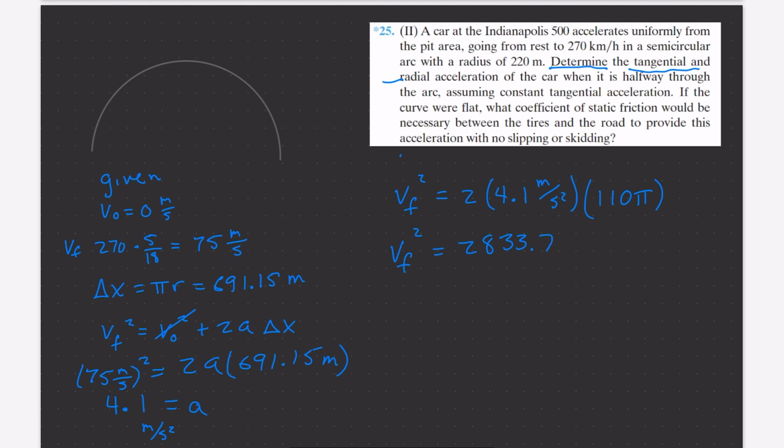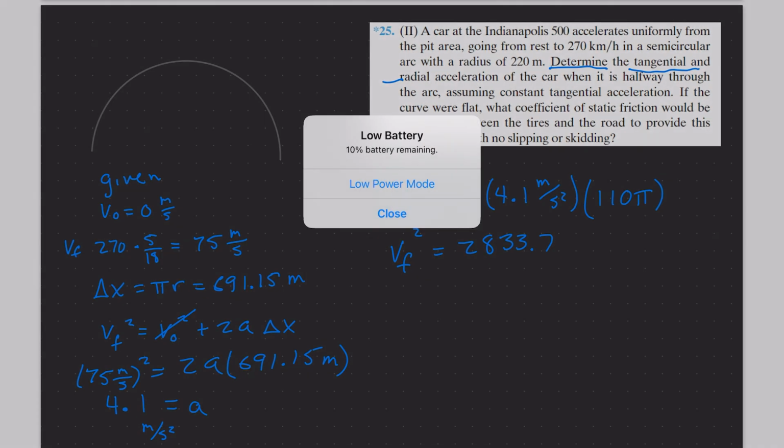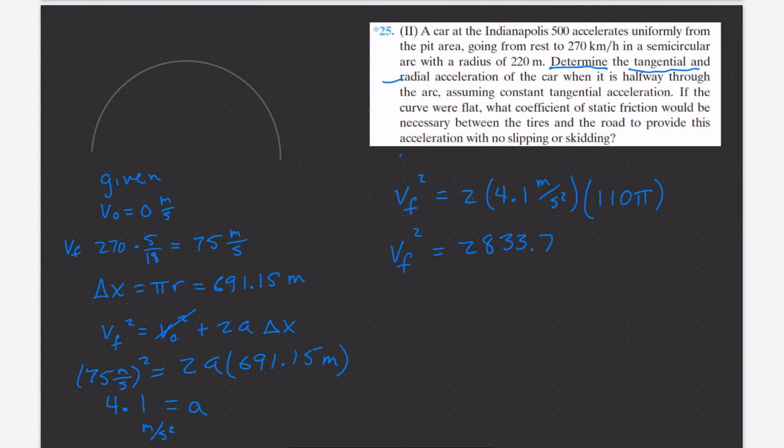Now, if I go ahead and take the square root of that, I'm left with about 53, and that's going to be meters per second. Let's keep one extra significant figure here just for good calculation.